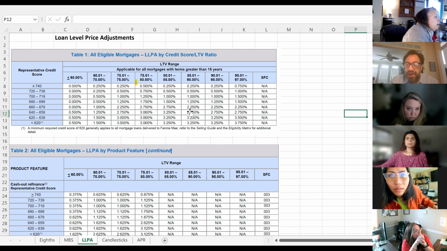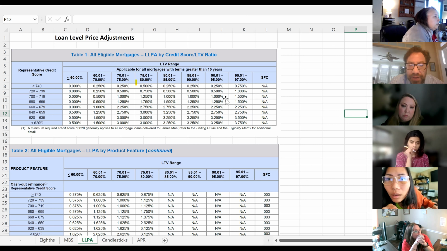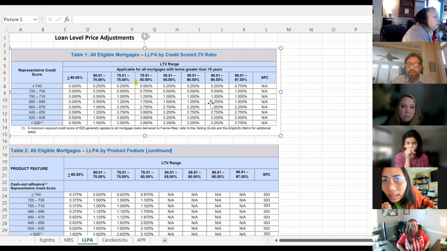So is the pricing better on an 80% LTV or is it better on a 95% LTV? For somebody. There's no difference. Okay, show me. So you say 80%? Yes. Oh wait, 80% is worse than the 90. I'm sorry. 80% is worse. Yes, it's worse than 95.